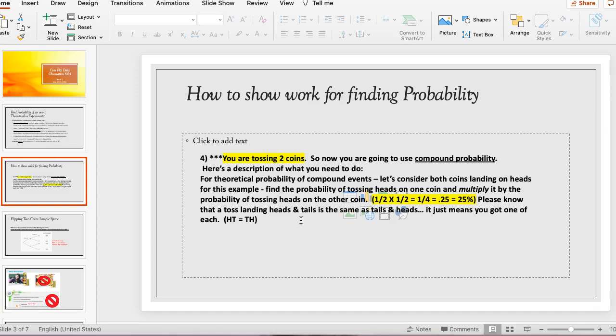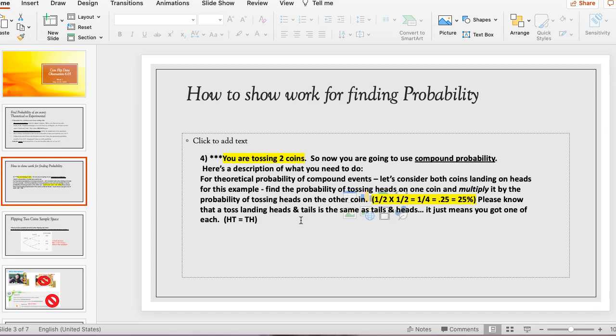Well, we've already learned that if we flip one coin, it has a 50-50 chance of landing on heads. So 1/2 of the time, the coin would land on heads, times another half of the time it would land on heads. We are multiplying 1/2 times 1/2 because we have two coins. 1/2 is the probability of flipping the first coin and landing on heads. 1/2 is the probability of flipping the second coin and landing on heads.